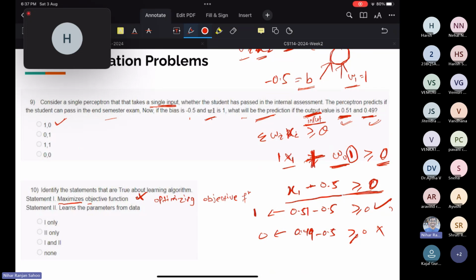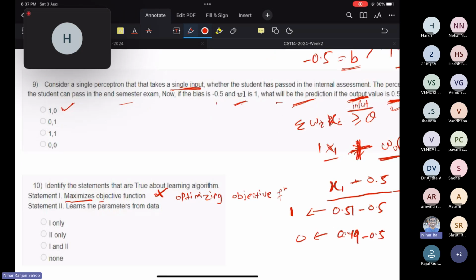What is objective function? What is loss function? What is gradient descent? What do we mean by learning a model, like learning these w values? If you can understand the basic things, then we can quickly go to the major concepts.